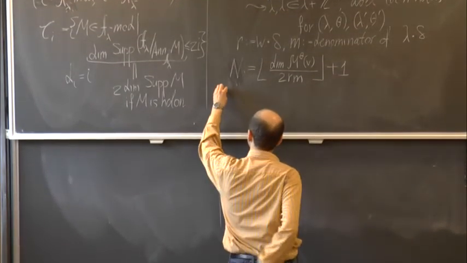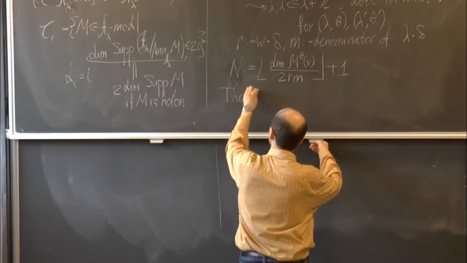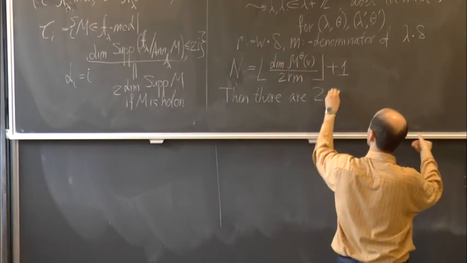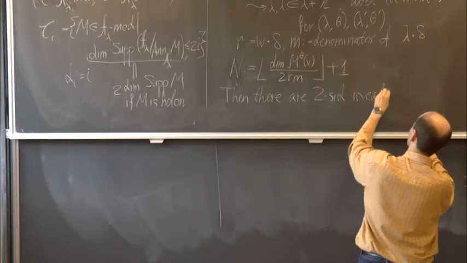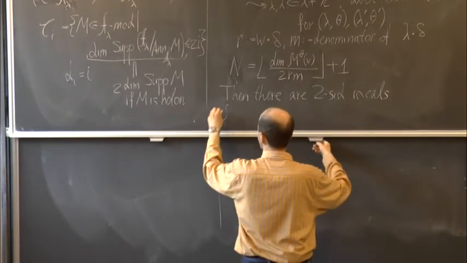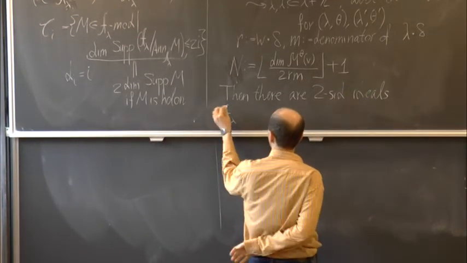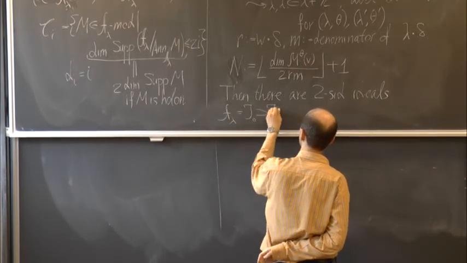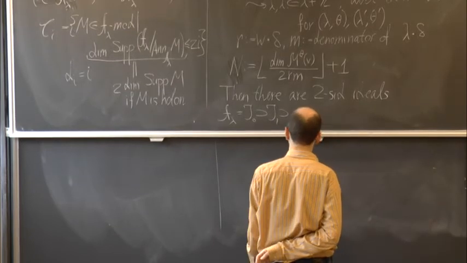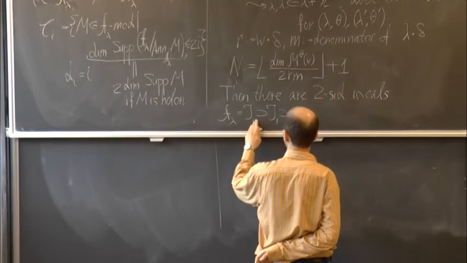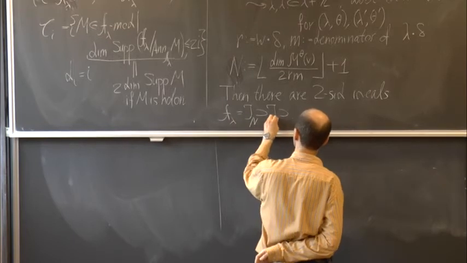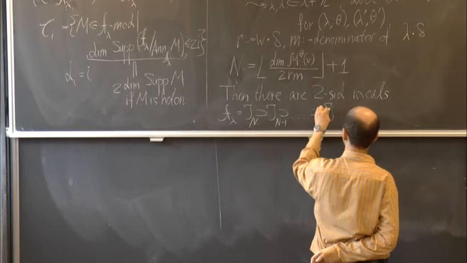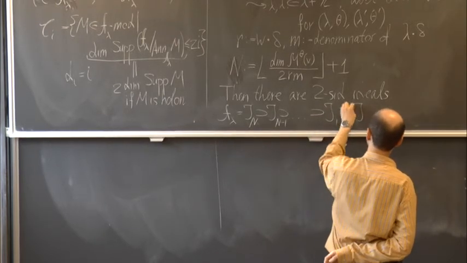And then the claim is that there are two-sided ideals. A lambda equal to J0 containing J1 containing up to Jn minus 1, containing J_n equals 0.